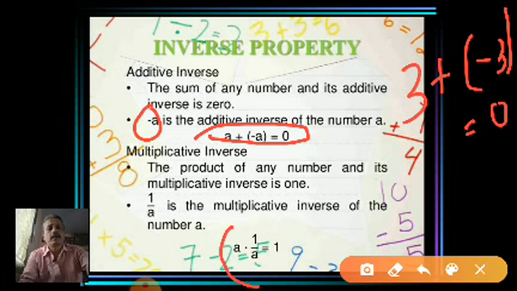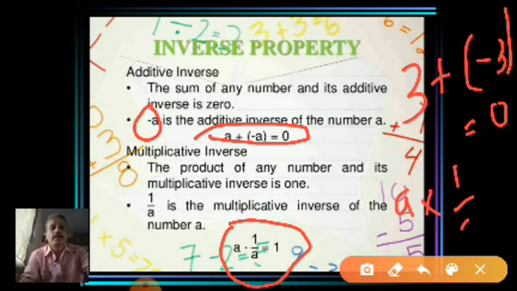See, here is the answer: a into 1 upon a is equal to 1. Remember, a number is multiplied with the reciprocal of that number. Suppose here the number 9 is there. 9 multiplied by 1 upon 9 gives the answer 1.